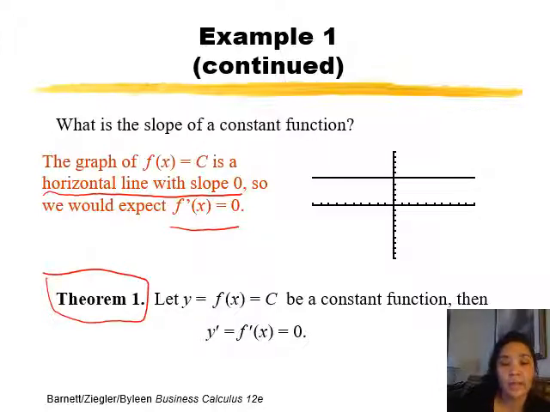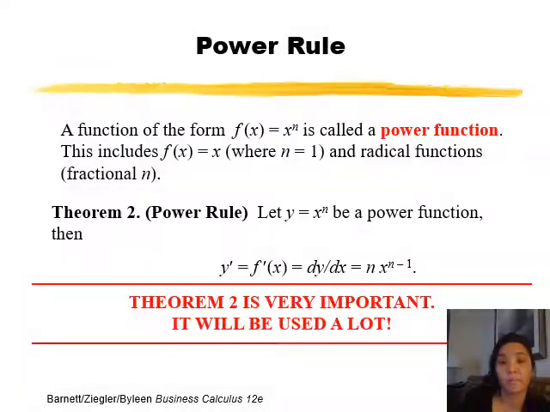If y is equal to f of x, and f of x is c, which is a constant function, just some value, for example y equals 3, y equals 300, then y prime is equal to f prime of x, which is equal to 0. Basically, the derivative of any constant function is equal to 0, and that is our first theorem.